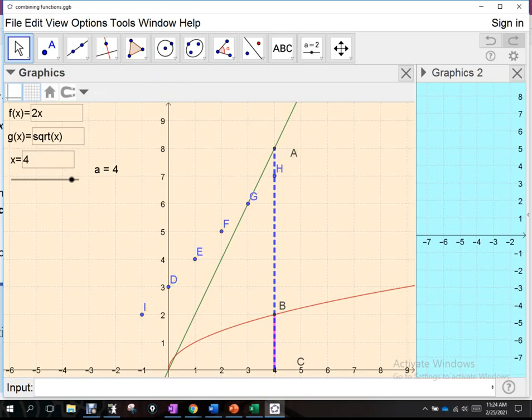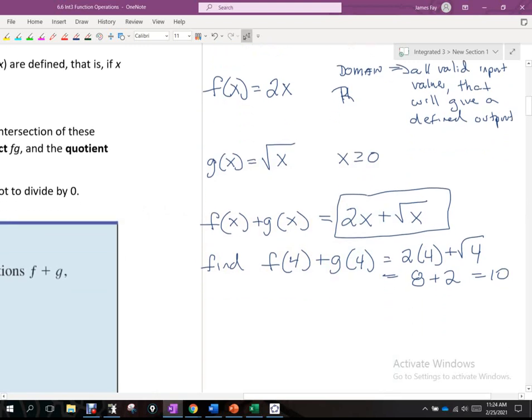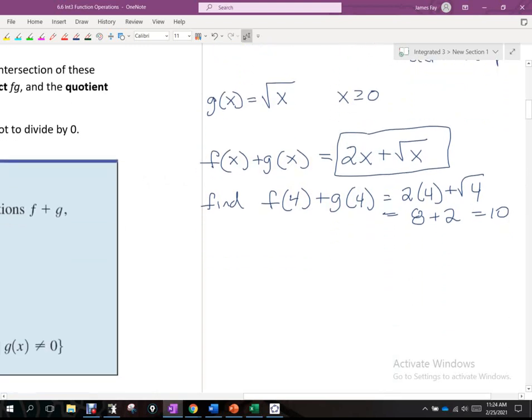I'm looking at a height here of this dotted blue one of being 8. And then if I look at 2x plus the square root of x, that graph looks like this orange-looking graph right there, but is the point 4, 10 on that? Does that kind of make sense? Okay. So f of 4 plus g of 4 is 10 in this situation.